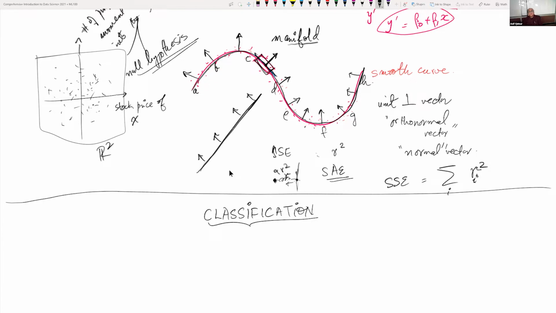Why do we call them classes? The reason we call them classes is because duck is a class. There are many, many ducks. They all may differ from each other. But there is a conceptual notion of a duck that the class represents, right? And likewise for the cow, there's a conceptual notion of a cow.